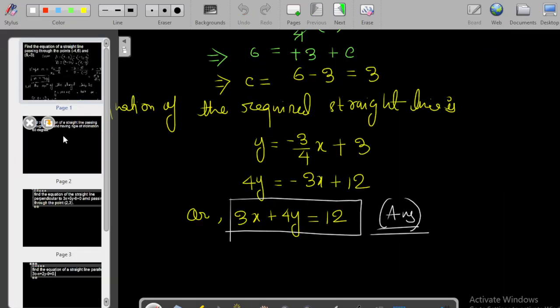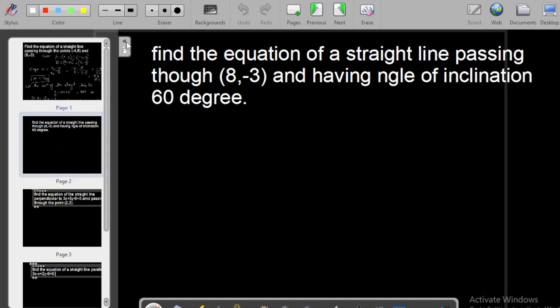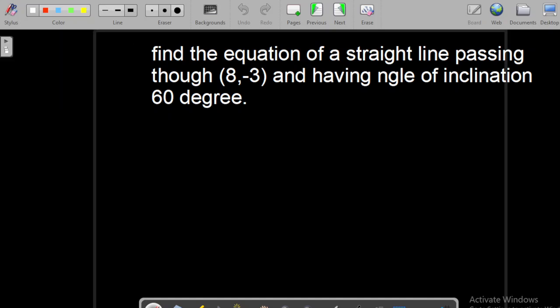We saw the first question and now the next question. In the next question, it is given: find the equation of a straight line passing through 8 comma -3 and having angle of inclination 60 degrees. Now, in order to find the equation of a straight line, we need two things.